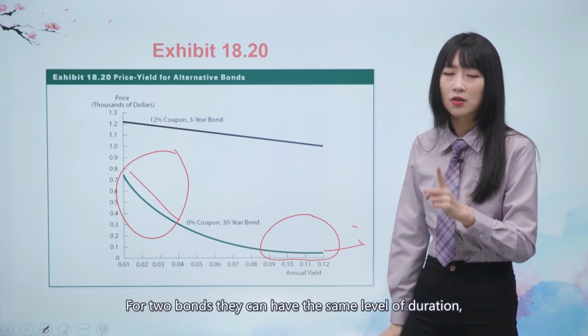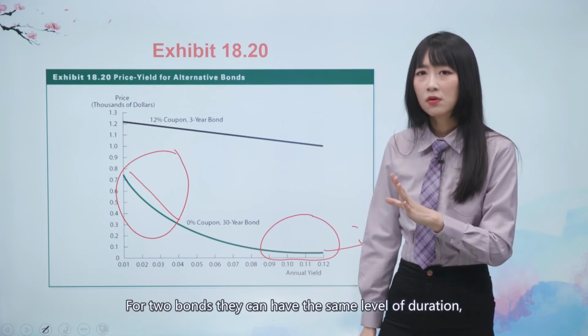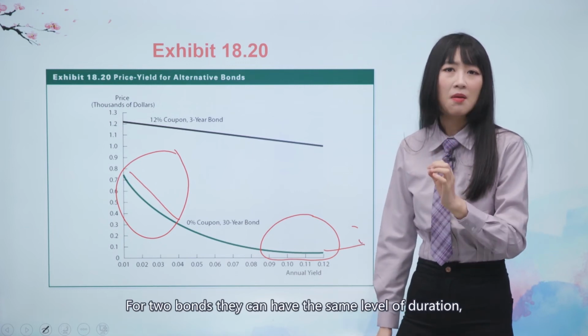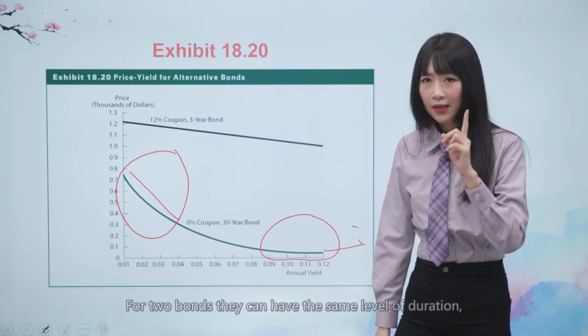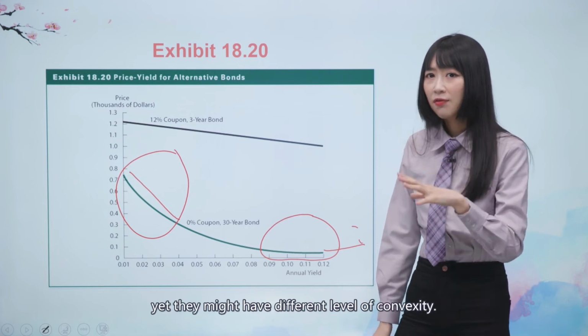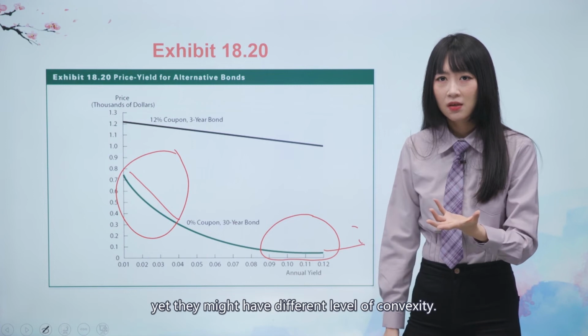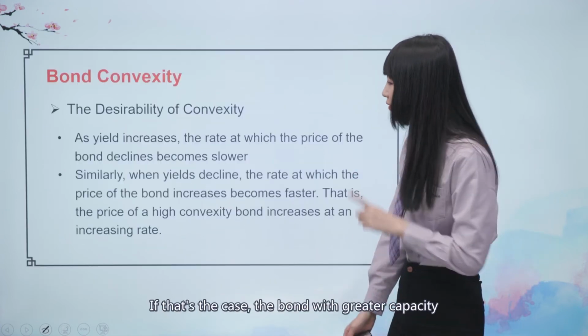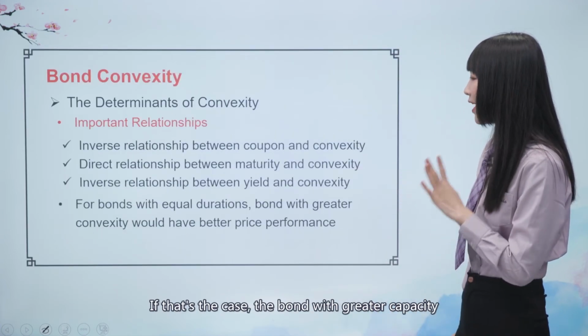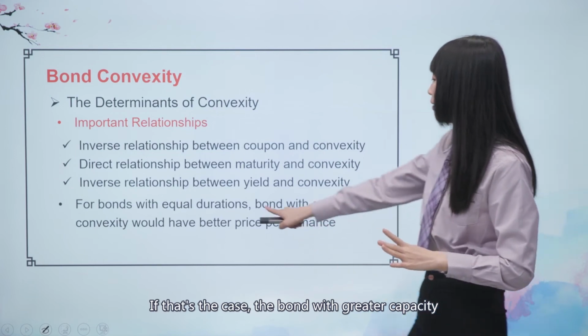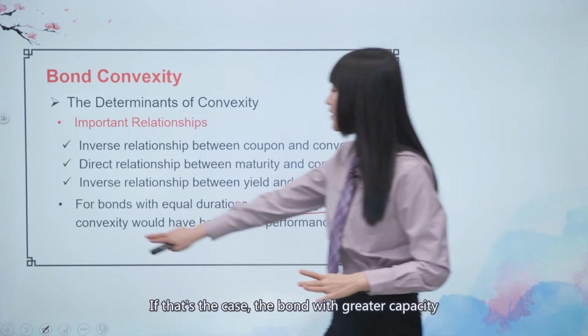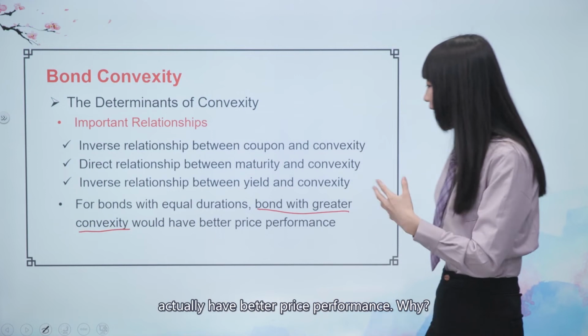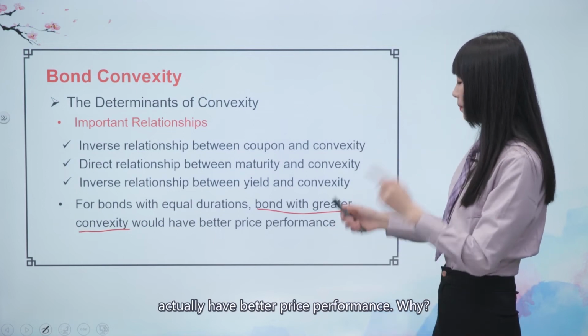And for two bonds, they can have the same level of duration, yet they might have different levels of convexity. So, if that's the case, the bond with greater convexity actually has better price performance. Why?